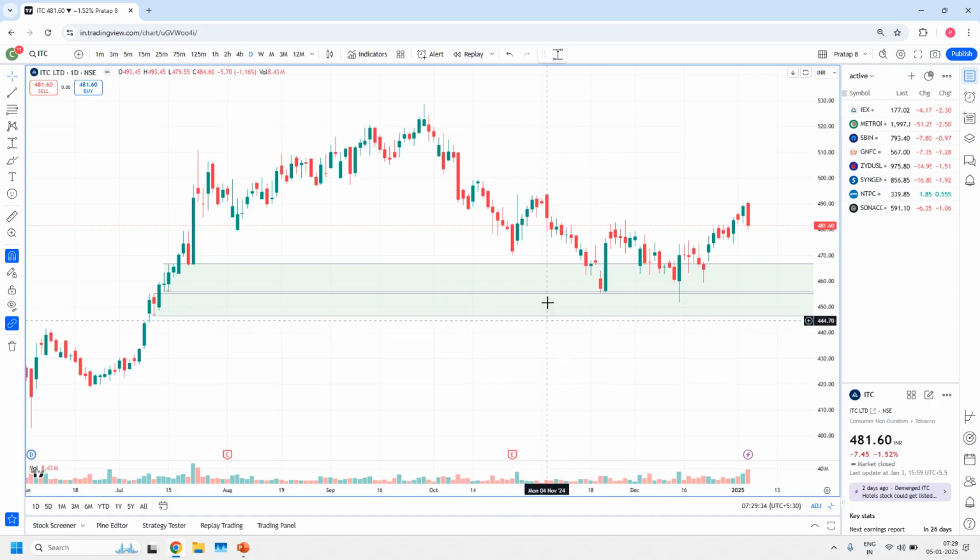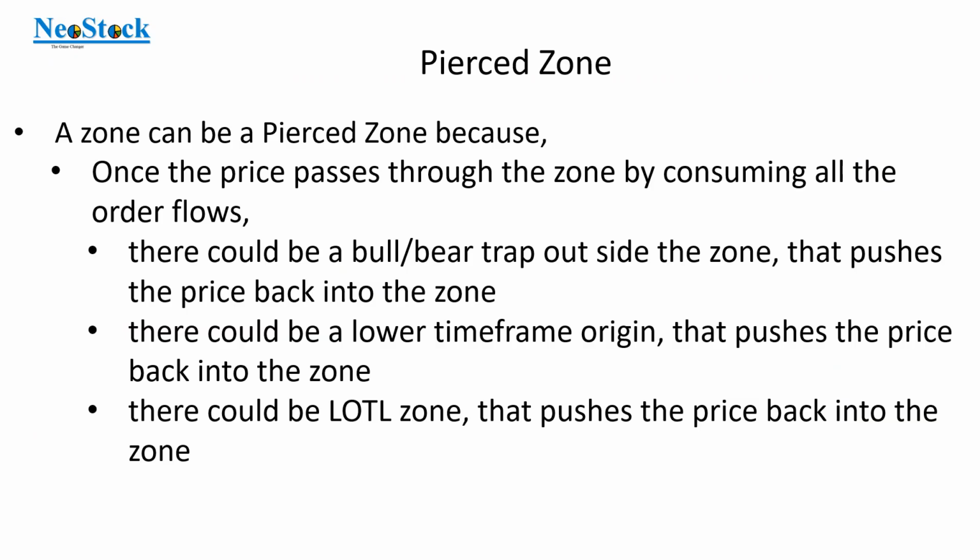When the order flow is very strong in this area, multiple times this zone will be providing. In case it is a high liquidity area, institutions will keep on adding new orders into this area. Anything can happen, but these are the reasons. Okay. That is what it means. There could be a LOTL zone that pushes the price back into the zone.